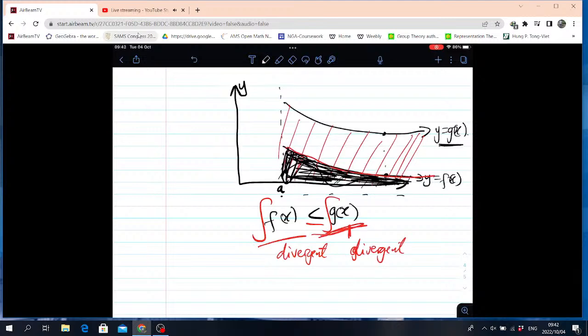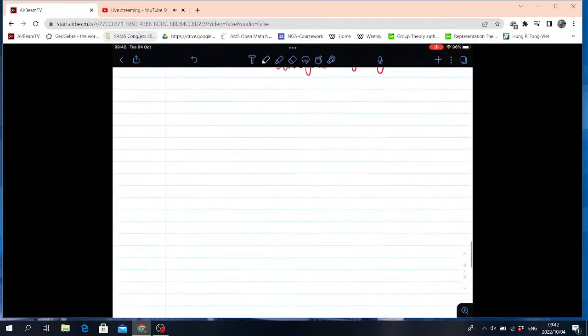All right, so let's put it more formally. So this is the comparison test for improper integrals.